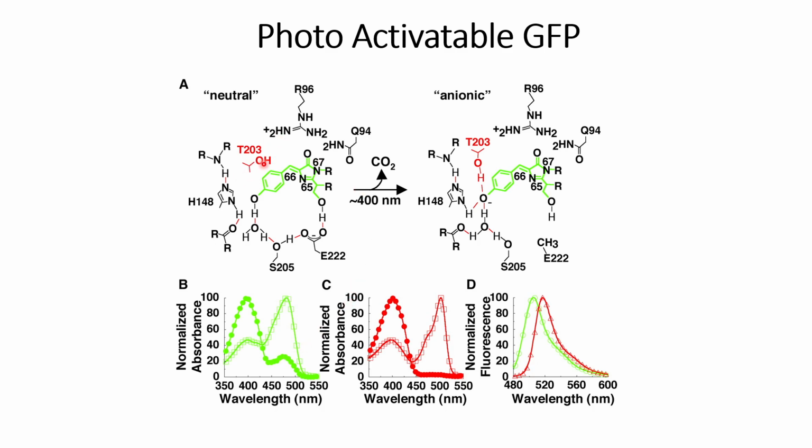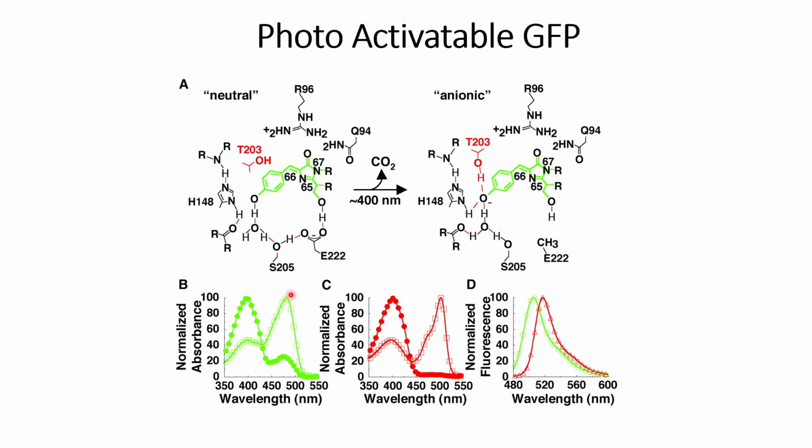So the researchers tried different mutations at T203, and they found that when T203 is mutated to histidine, they can see almost nil signal in the case of non-activated GFP, as shown here in panel C. We can see there is no minor peak. However, when the cells get excited, there is a decrease in the major peak at 400 nanometer, and a sharp increase in the peak at 500 nanometer.